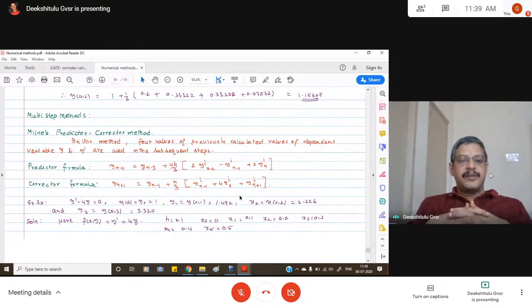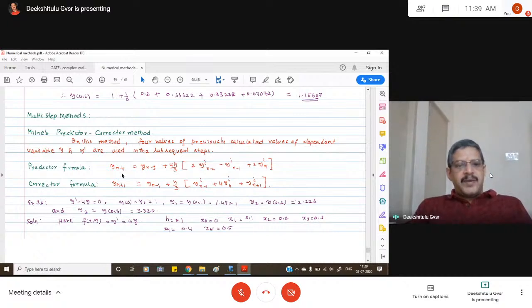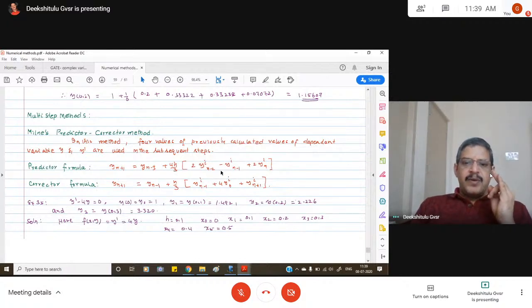the given differential equation. Let us say the differential equation is y dash is equal to f of x, y, with y at x naught equal to y naught given. Then the predictor formula is given by y n plus 1 is equal to y n minus 3 plus and so on. See how many values we are considering. y n plus 1 I want, so coming from there, y n minus 1, y n minus 2, y n minus 3.